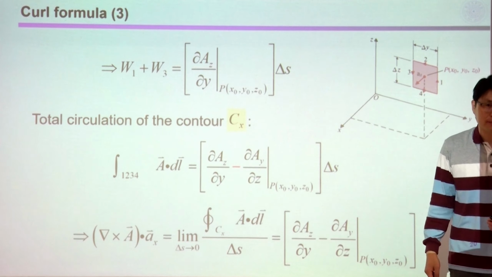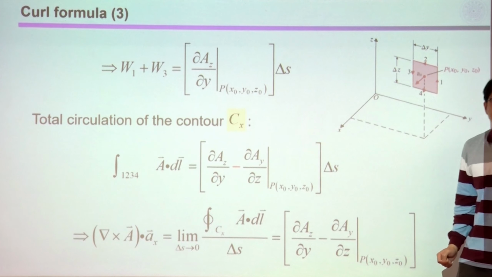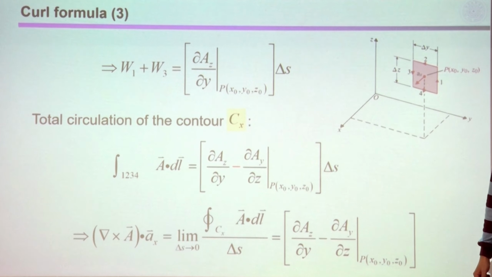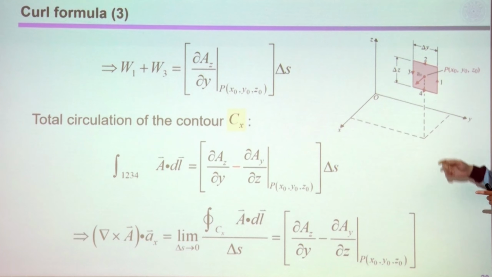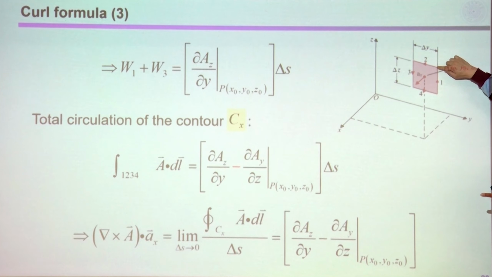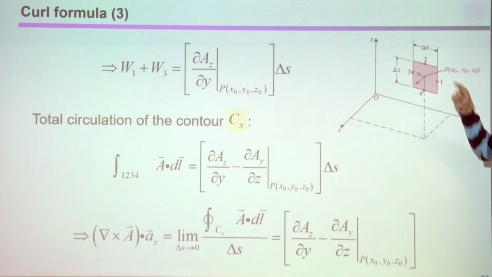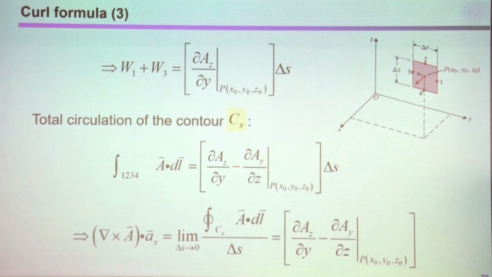So now, why do you have the negative sign? Because for segment number 2, you have a positive offset, but your direction is negative. Okay?